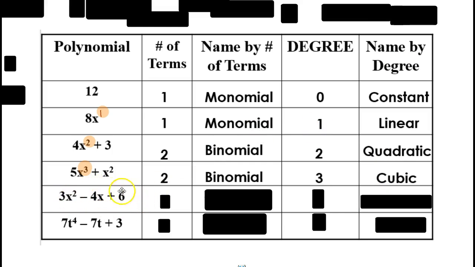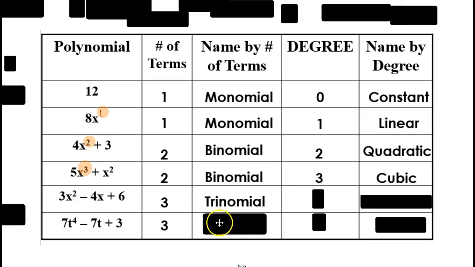If there are three terms, like the next two examples, both have three terms, we have a name for them. We call them trinomials, which again should make sense because mono is a prefix for 1, bi is a prefix that means 2, and tri is a prefix that means 3, like bicycle and tricycle. So 1, 2, 3 terms, trinomial.